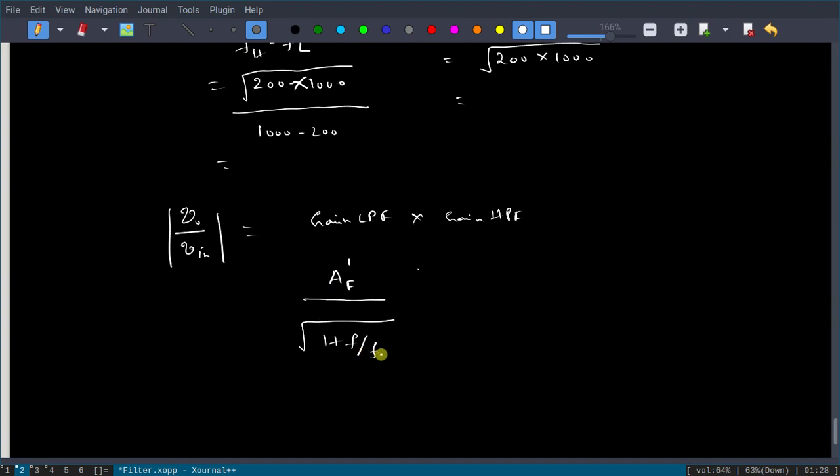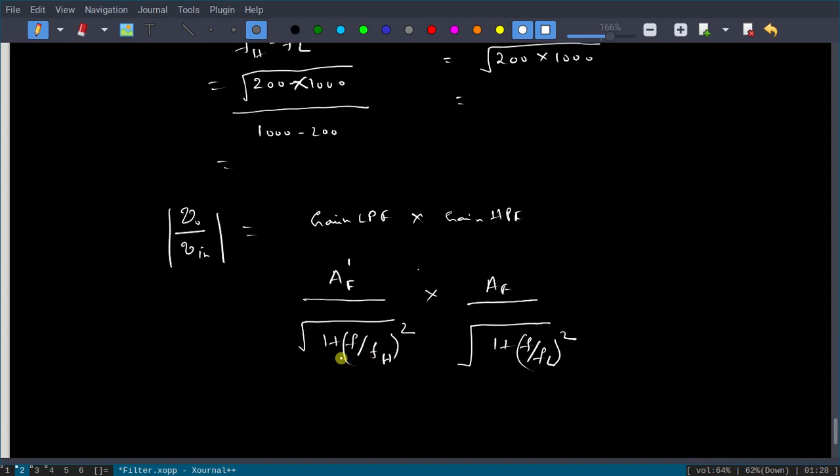In the denominator of the low pass it will be the square root of 1 plus F by FH whole square. And for the second one, you have to multiply AF into the high pass filter gain, which has the square root of 1 plus F by FL whole square. You multiply these and you will get the gain.